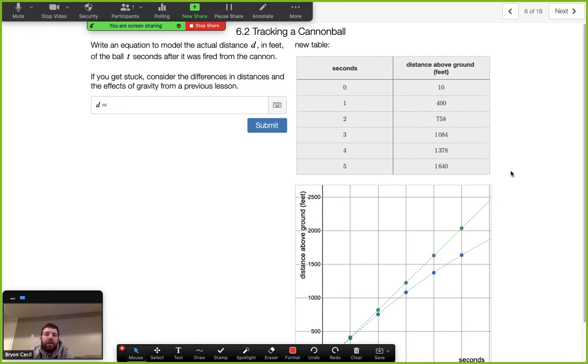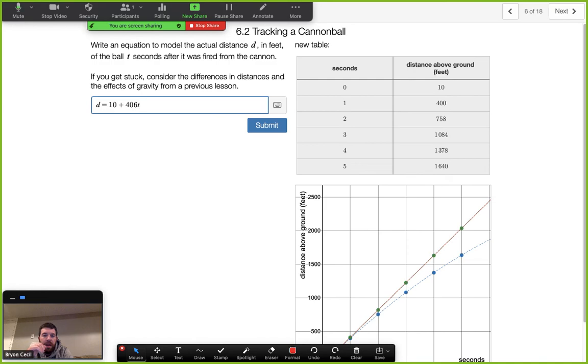Okay, so with this, now we're going to actually write an equation. The good news is, we look at this and find that we start at 10. We have that 406t, because that's my initial velocity.